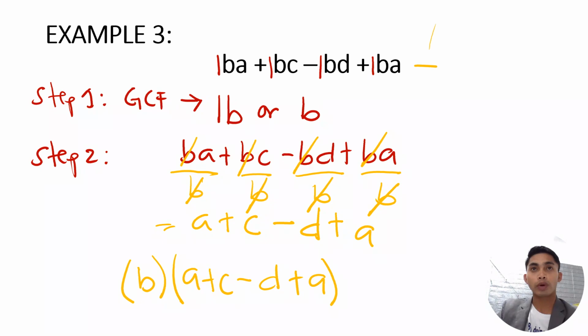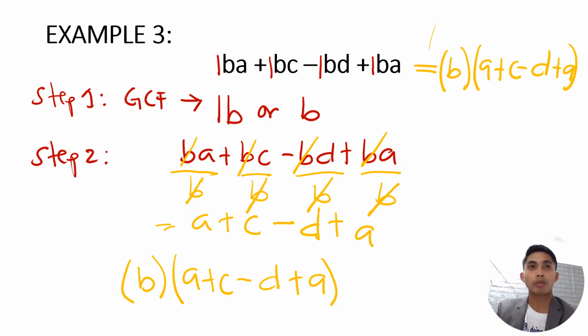So therefore, example number 3, which is 1BA plus 1BC minus 1BD plus 1BE, has the final answer B times A plus C minus D plus E. So here is our final answer for example number 3.